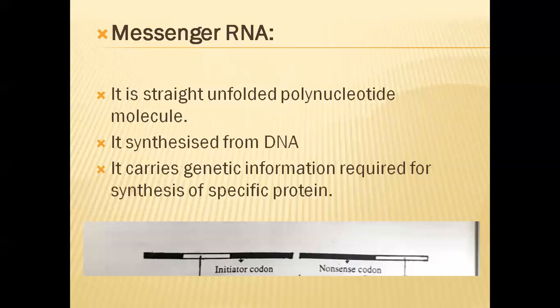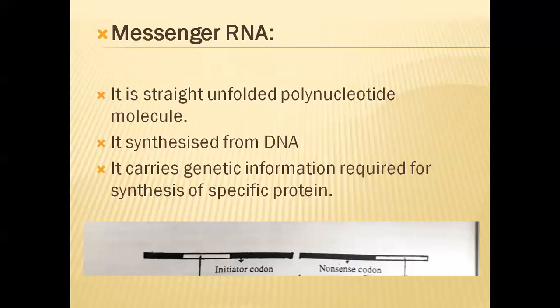These 3 codons do not code for any amino acid. Here, the translation stops. That's why UAA, UAG, UGA are called nonsense codons.